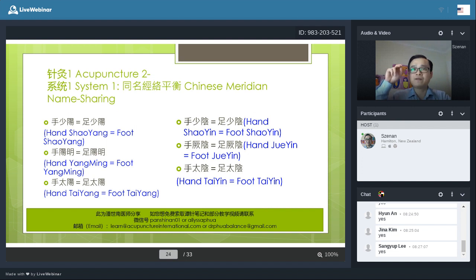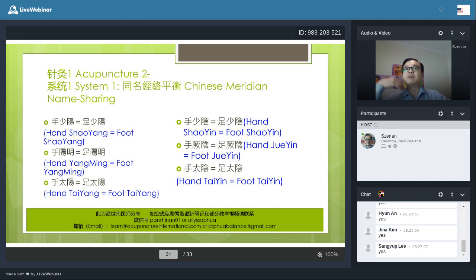Now if Sanjiao is sick, then gallbladder meridian is going to help. If gallbladder meridian is sick, Sanjiao is coming to help. Just like my last name is Phua, and my brother lives in Malaysia. So Sihan is a member of the Phua family, living in Malaysia.